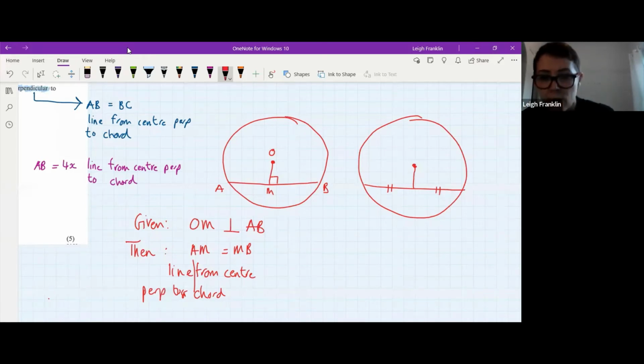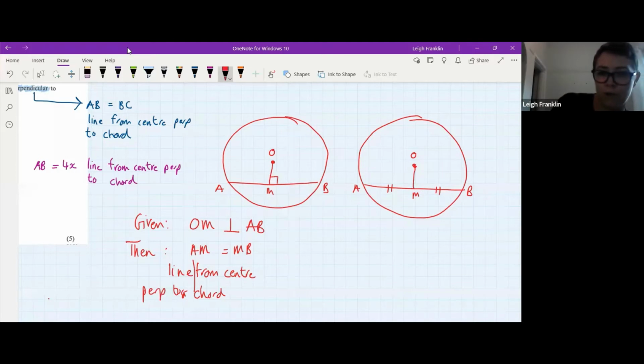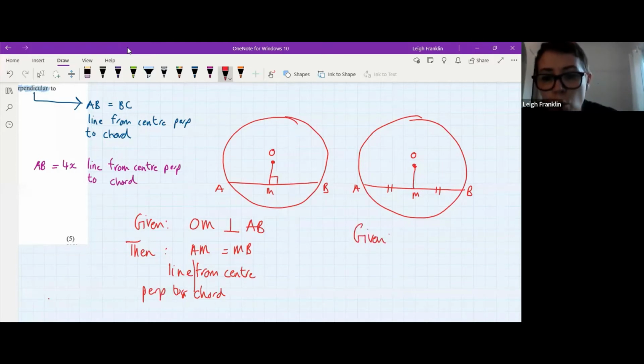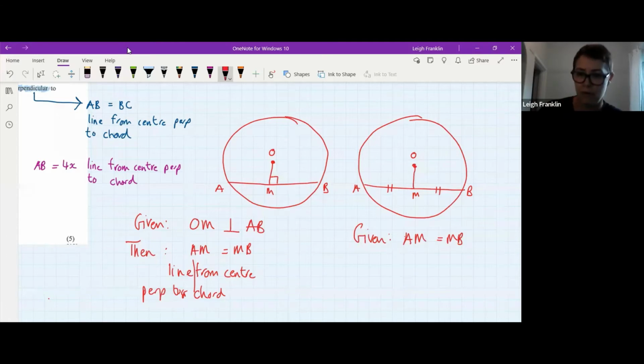On the diagram on the right, if this is O and that's M and that's A and that's B, it's the converse of the one on the left. Here, we have not been given a right angle. We have been given that AM equals MB. If there is a line from the center that touches the midpoint of the chord, so the chord is cut in half, then the line from the center is perpendicular to the chord because it bisects the chord.